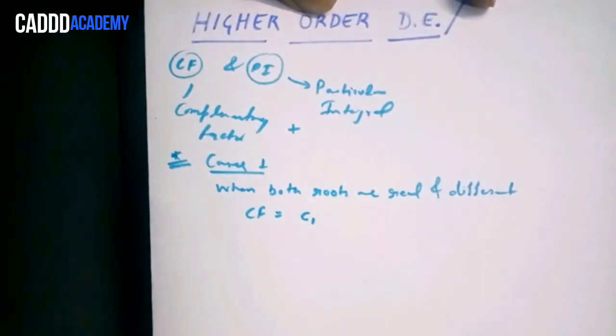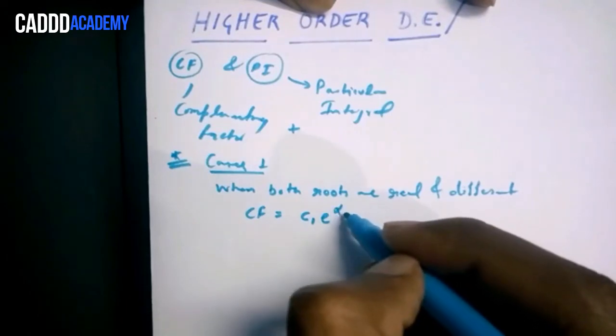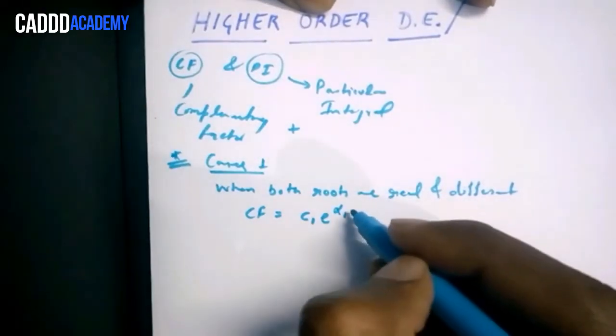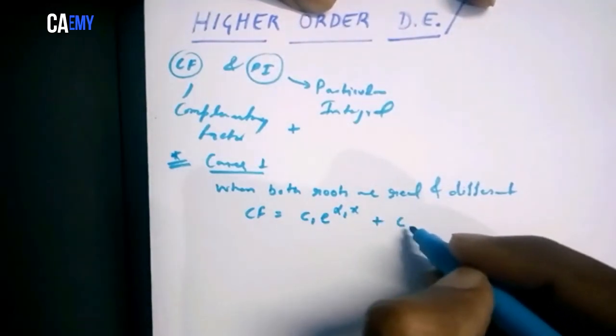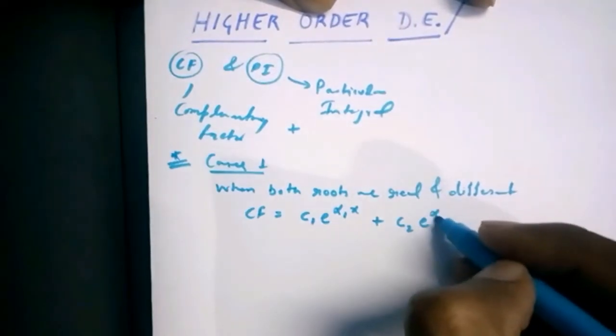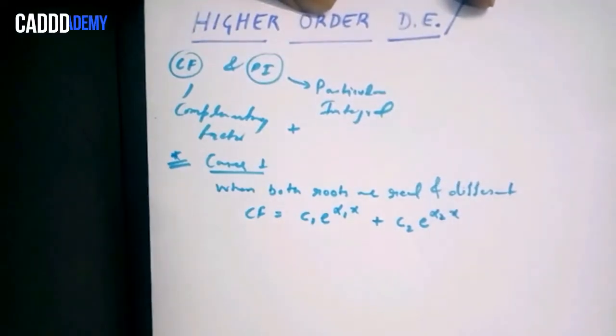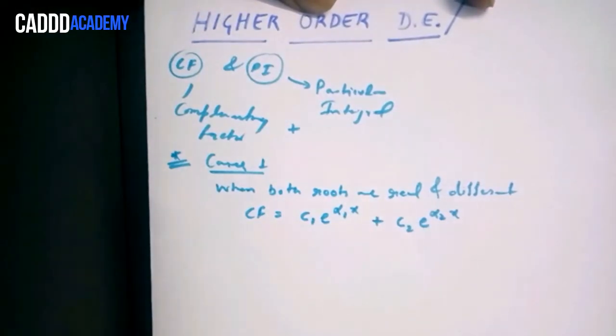C1 e to the power alpha 1 x plus C2 e to the power alpha 2 x, where C1 and C2 are constants. Alpha 2 is the second root and alpha 1 is the first root of the equation.